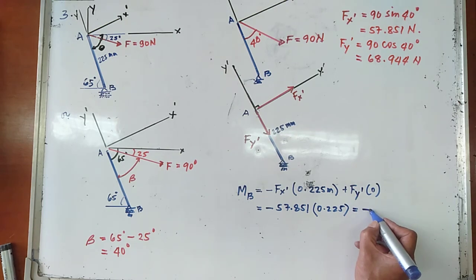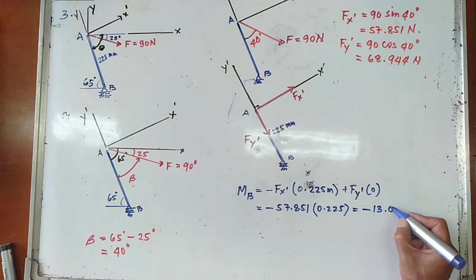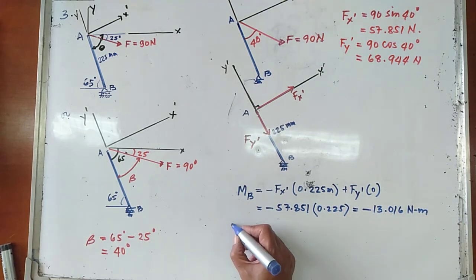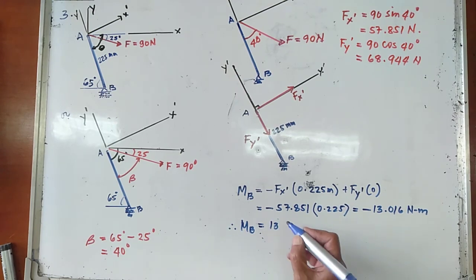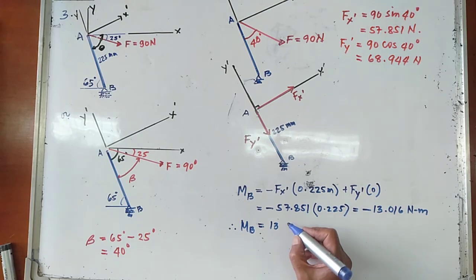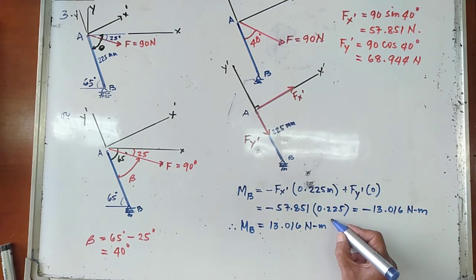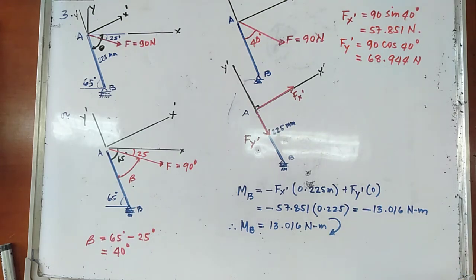This is therefore equal to negative 13.016 newton meters. Again, what does the negative sign indicate? It indicates that the moment of the force F about point B is a clockwise moment, since we assume counterclockwise moment as positive.